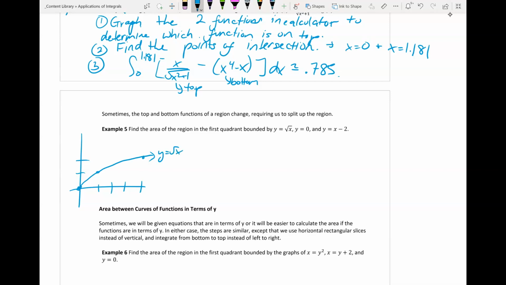The other one is going to be x minus 2. So minus 2 is your y-intercept, and then our slope is just 1 up over 1. Something like that.